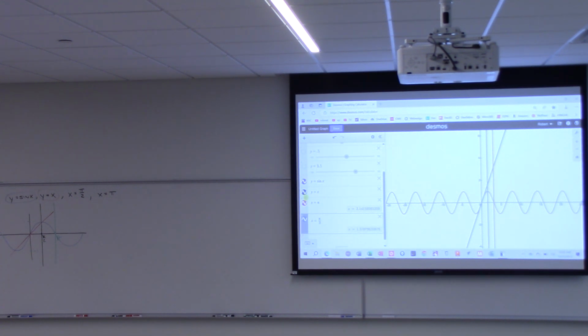For us, the sine was blue. I'm even going to make it match what's up on the board. The other one was red. This one was black, and this one was green. Okay, so there's what I have.